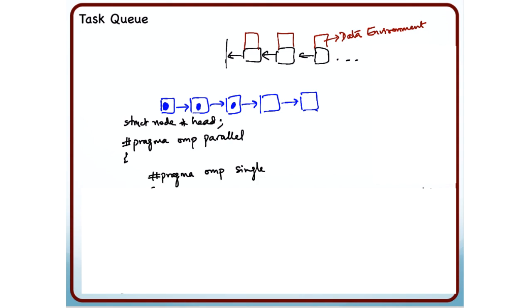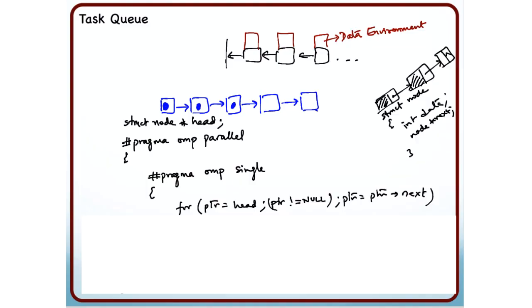I'll traverse the linked list: for ptr equal to head, while ptr is not equal to null, ptr equal to ptr next. I'm making a lot of assumptions over here. I have not defined the data structure for you, but I'm assuming that you've all worked with linked lists, so this should not be any surprise. Now you start with head.